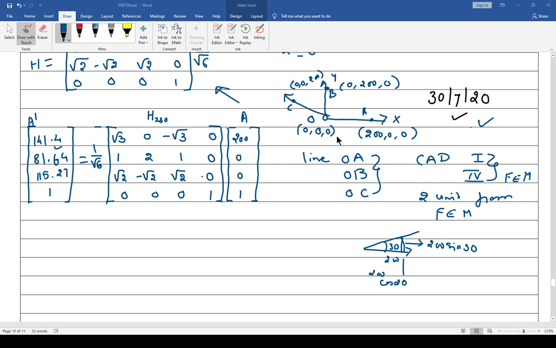I'll create a variable sq3 by 6 is equal to Math dot square root, and I'll do 3 by 6. This is what I will create.